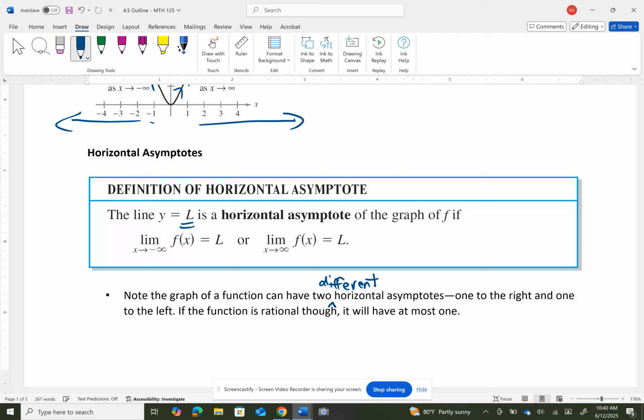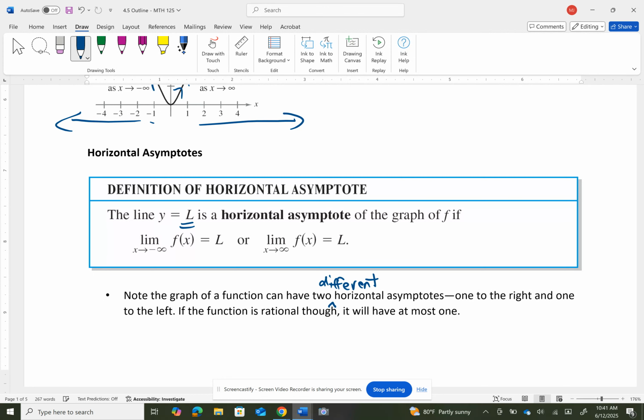Now, not all functions will have horizontal asymptotes. You don't always have a function whose end behavior approaches a horizontal line of any kind. If you have rational functions, you oftentimes have horizontal asymptotes. If the function's rational, though, then it's going to have at most one. It might not have any, but it'll have at most one.